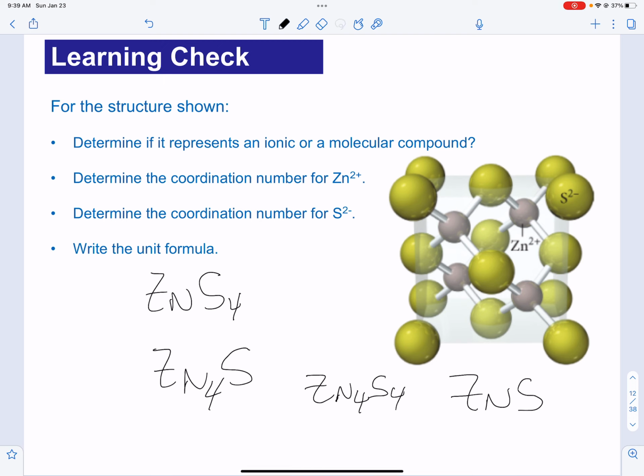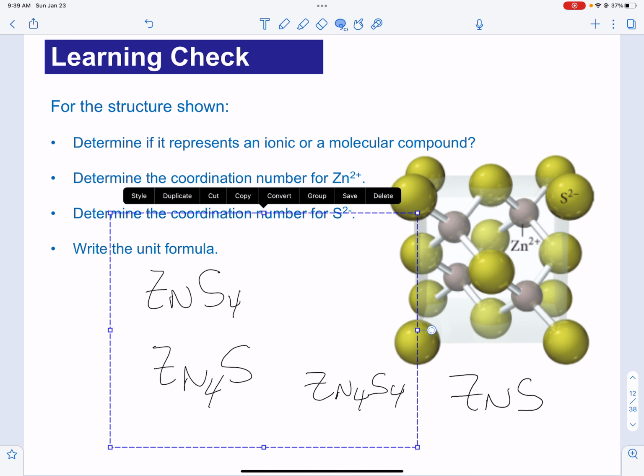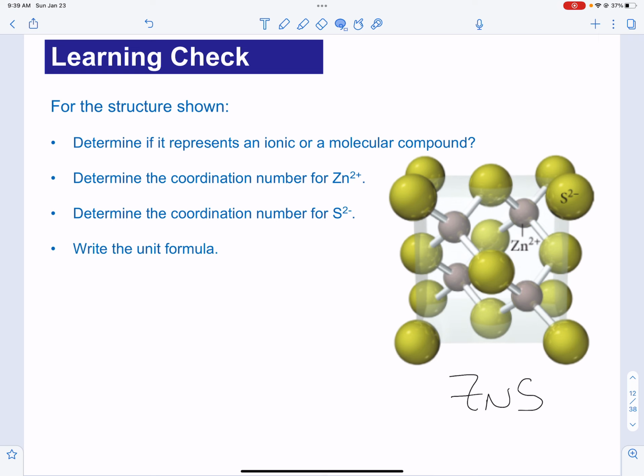And then we can go way back into 1411 and we say, how did we learn how to write formulas? Well, I memorized that zinc is 2 plus. If zinc is going to lose electrons, it's going to be 2 plus.